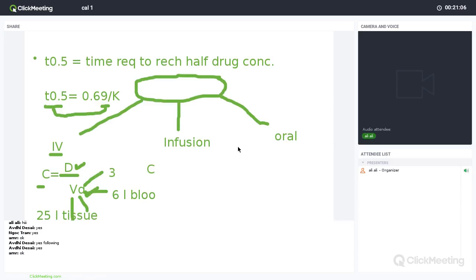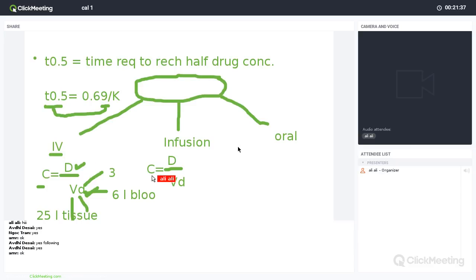The same equation, we have C equal to D over VD, where D is the dose and VD is the volume of distribution. This is the same equation, no difference at all.